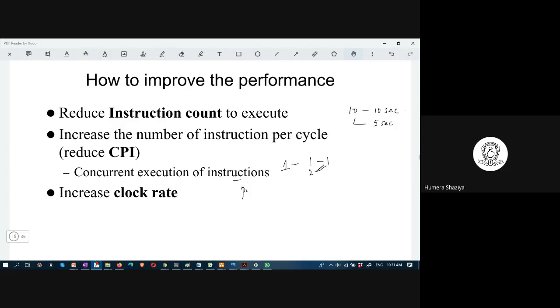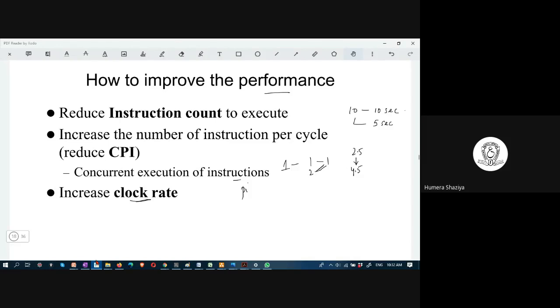Through this, also, performance would be improved. Increase the clock rate. If the clock rate of one processor is 2.5 gigahertz, and it is increased to 4.5 gigahertz, obviously the performance would improve. These are the ways through which the performance of a system would be improved.